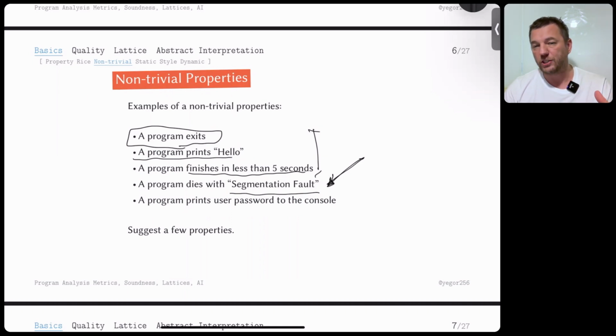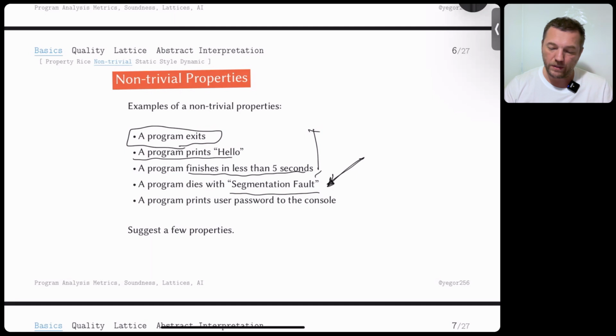If you create an analyzer which will look at an arbitrary C++ program and say, I believe that at some point there will be a segmentation fault, then people will pay a lot of money for this software, because it will help programmers develop software better if you can decide on this non-trivial property. Of course, like I just said, you will not be able to make your analyzer so powerful that it decides for any software. But for some, you can do that.